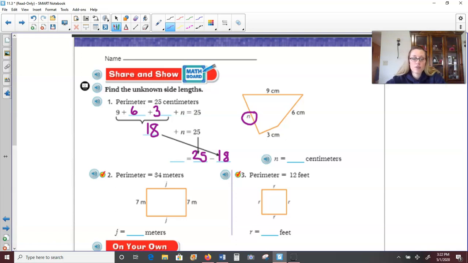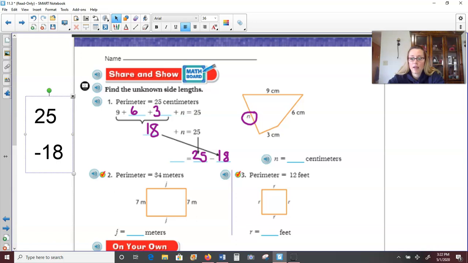And when we do, 25 minus 18, and you can do that as a side problem. If you need to see the regrouping, 25 minus 18, what is this going to equal? Well, 5 minus 8 we can't do, so we do need to regroup.